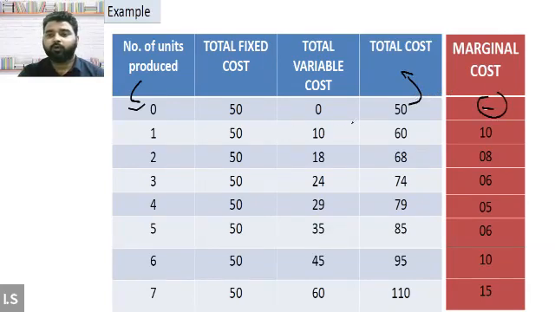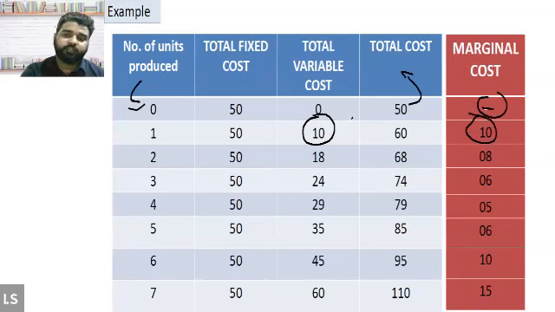Now at the first unit, just keep this in mind, marginal cost will always be equal to variable cost at the first unit of output. Even if you calculate, you will find that it will be equal to the variable cost. See, total cost is 50 at zero unit, and total cost is 60 at first unit.